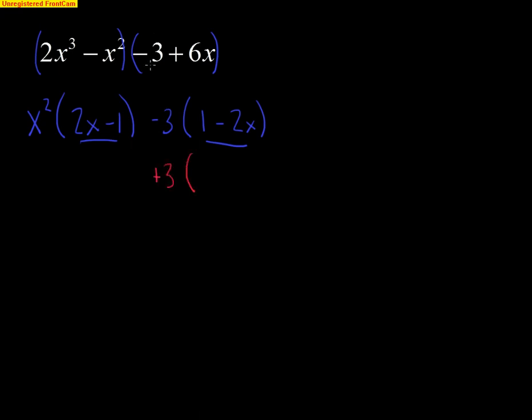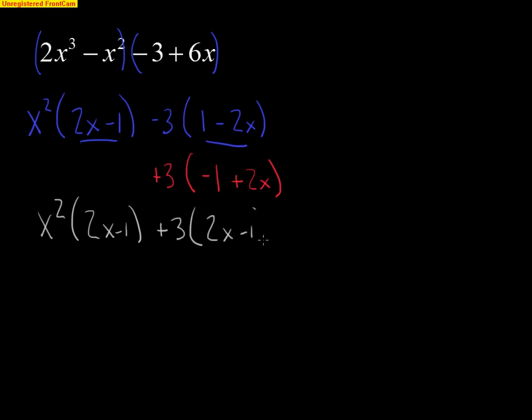If I took out a positive 3, that would be negative 1 plus 2x. Now, the order here is a little messed up, but with addition, I'm allowed to flip it. So what I can do is I'll have x squared times 2x minus 1, plus 3, and then I could flip this to 2x minus 1. Now I have the same thing.